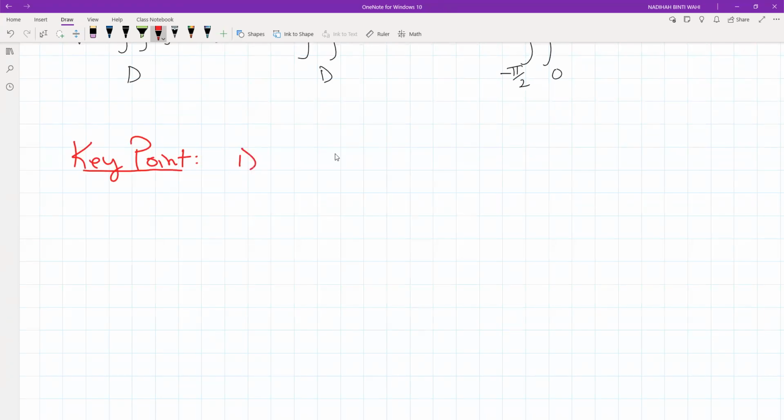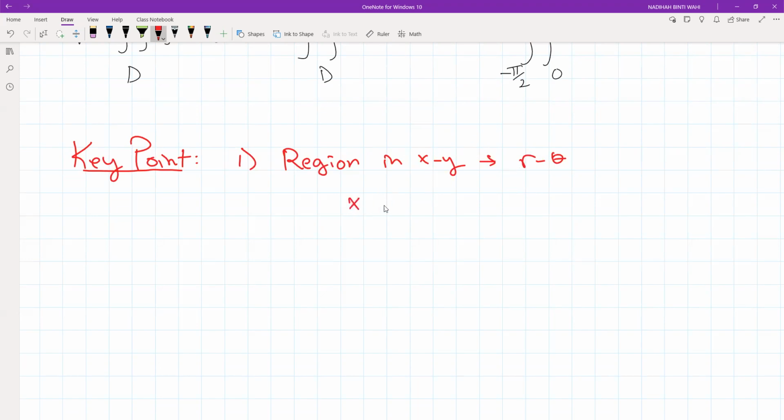Number 1 is region in x, y, or r and theta. Maksudnya apa?